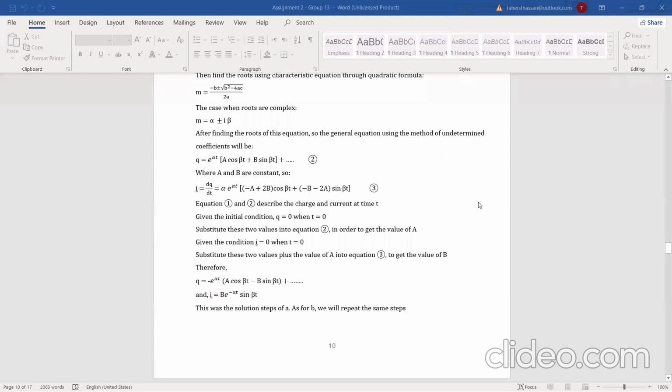Equations 1 and 2 describe the charge and current at time t.